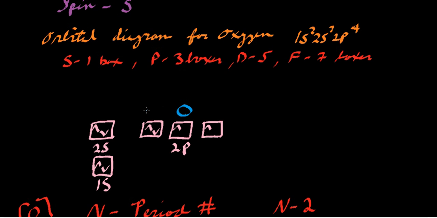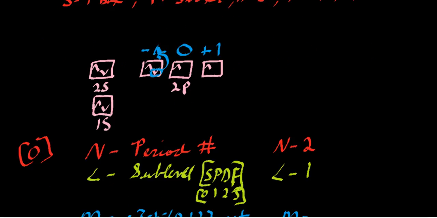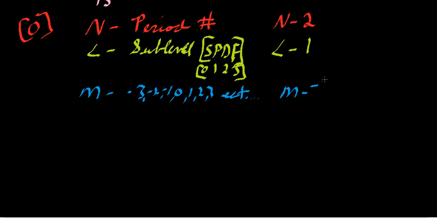To the left of it, it's going to be negative. To the right, it's going to be positive. So, in order to determine what the M is, it's where the last electron goes. So we went up, over, down. And this is our last electron. So our M is going to be -1.